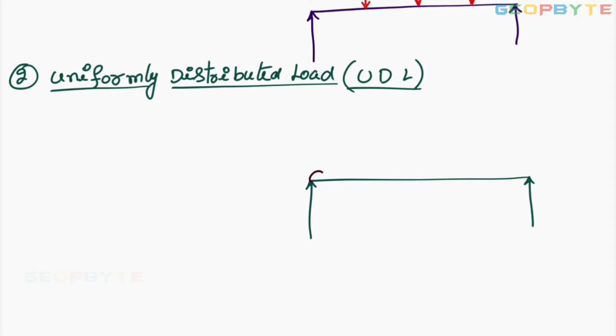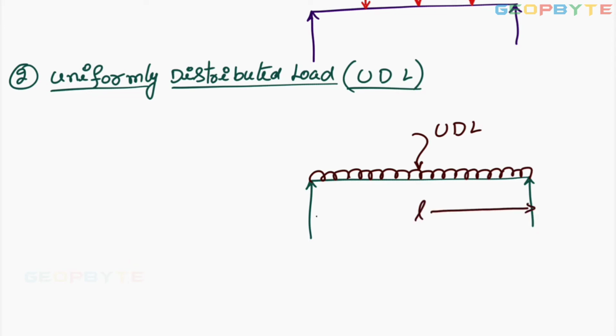It is like this. This is the representation of UDL, uniformly distributed load, by assuming L to be the length of the beam.